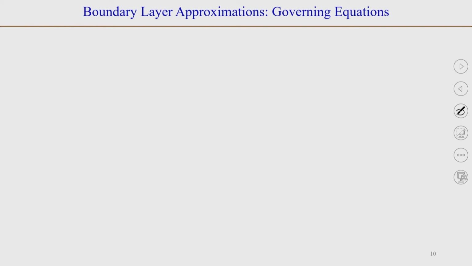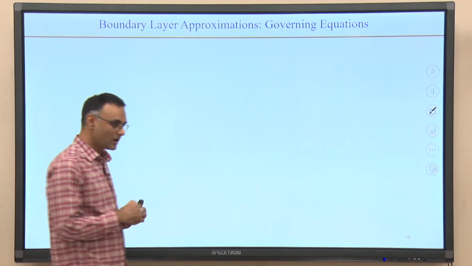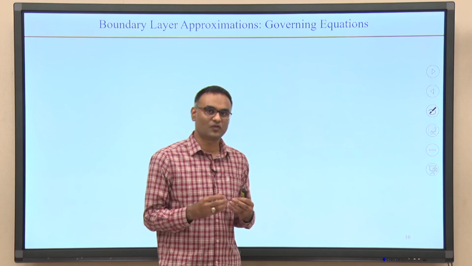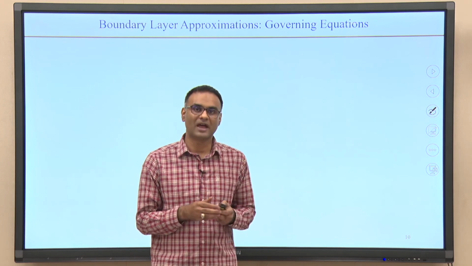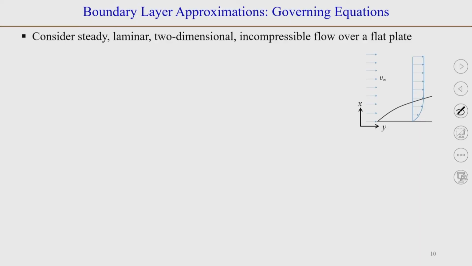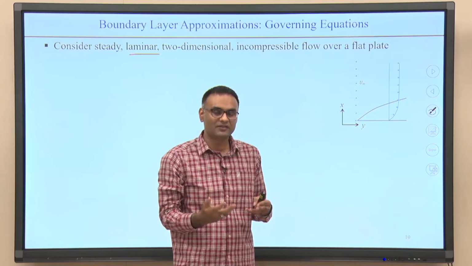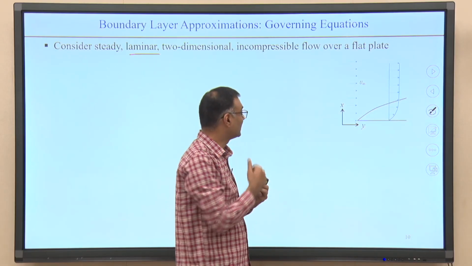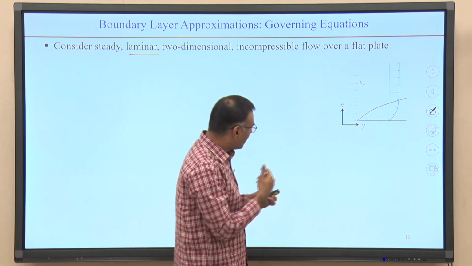Now, we will write down the Navier-Stokes equation considering a two-dimensional flow over a flat plate. We have considered here a flat plate and the flow is laminar. So, the Navier-Stokes equations we are going to write will be valid for a laminar flow.